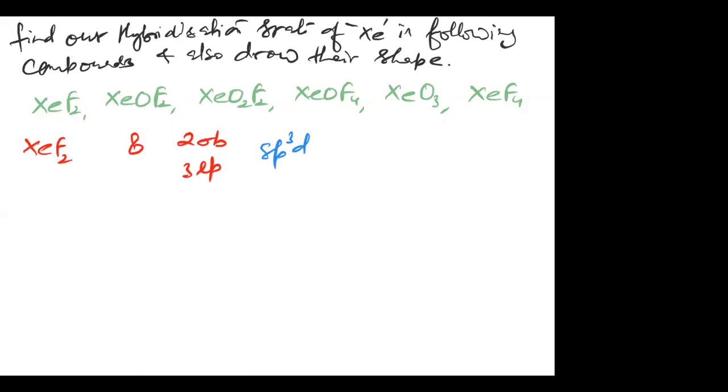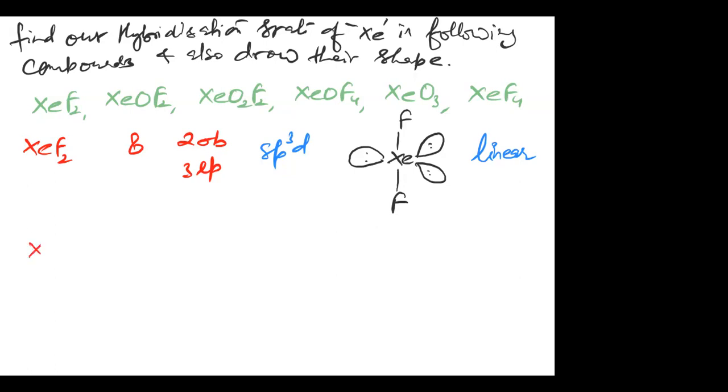In sp3d geometry, xenon forms 2 sigma bonds and has 3 lone pairs. In XeF2, all 3 lone pairs should go to the equatorial position, and the fluorine atoms go to the axial positions. Thus this geometry is found to be linear.